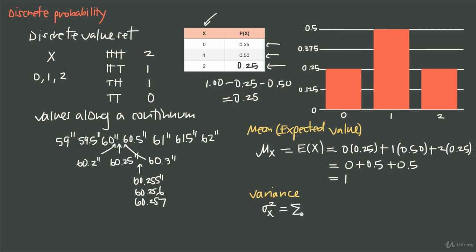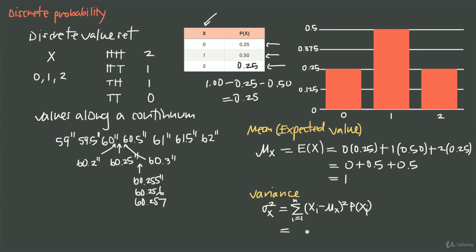And then we're just going to take the sum from i equals 1 to n, however many values we have, of x sub i minus the mean, mu sub x, and then we're going to square that, and then multiply by the probability of that particular value that x takes on. So here's what that looks like.